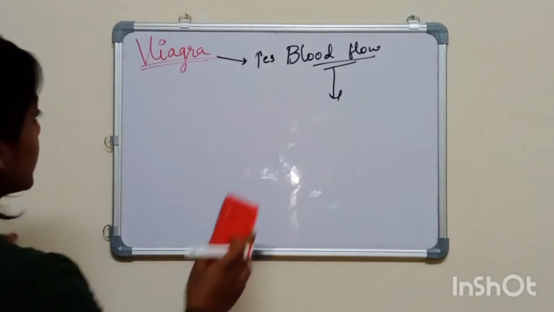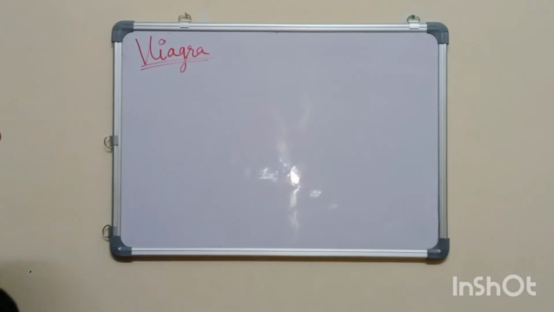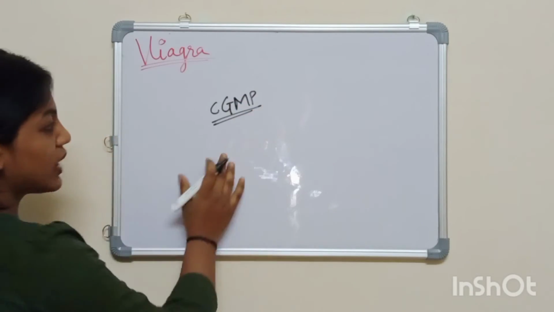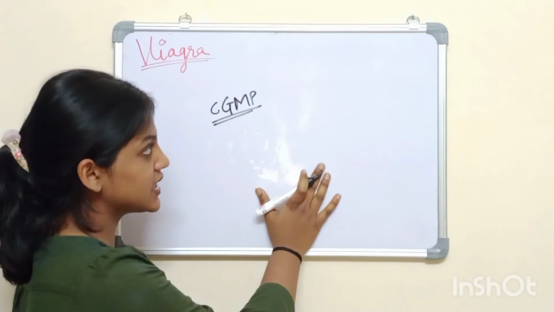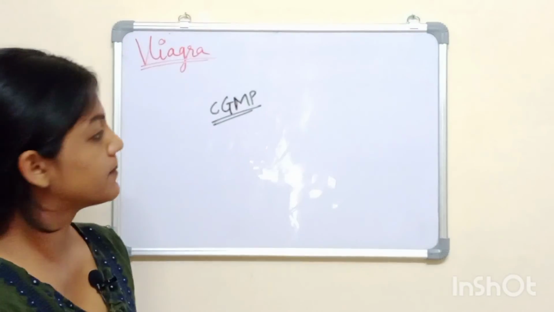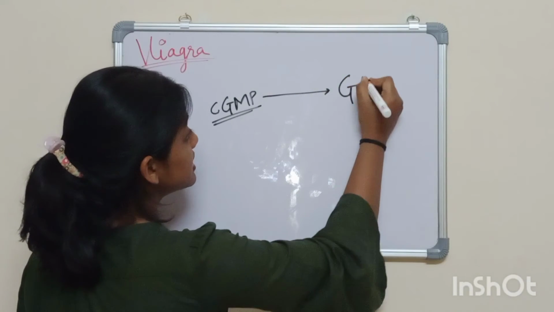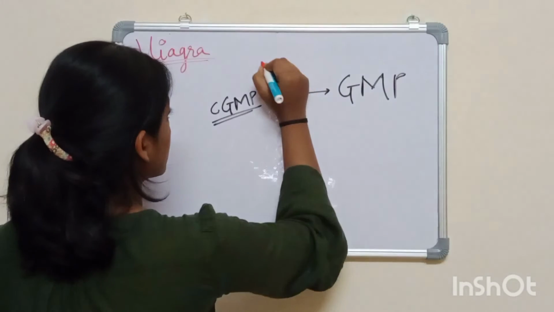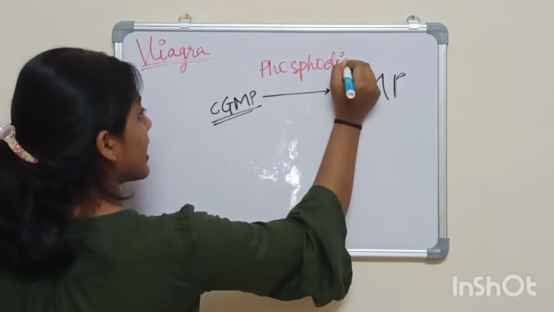Now let's see how it causes vasodilation. We have seen that cGMP is the main thing required to activate PKG, phosphokinase G. And once PKG is activated by cGMP, PKG will cause vasodilation and increase blood flow, right? Now the cGMP gets converted to GMP by an enzyme called phosphodiesterase.